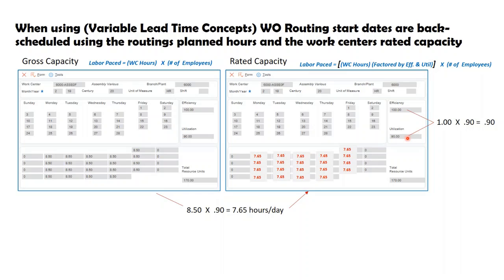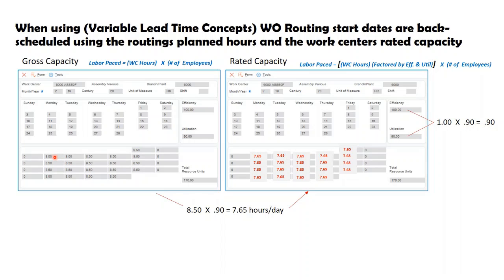It's not totally utilized, but we feel that the process is 100% efficient to what the standards have been set to. So 1 times 0.9 is 90%.